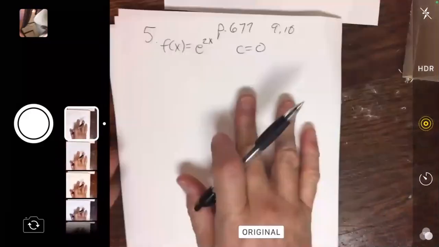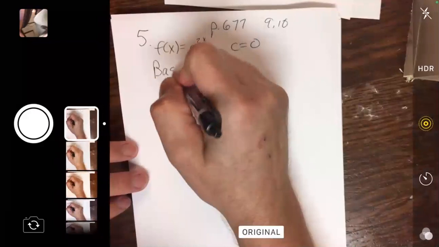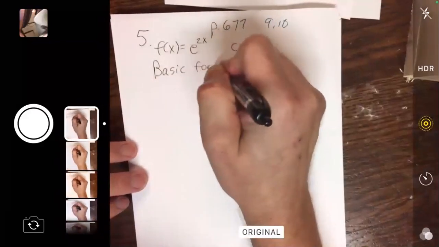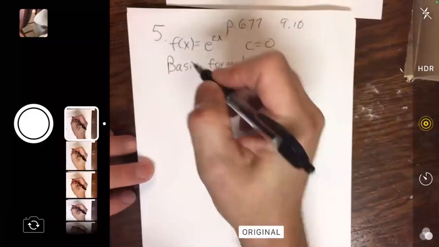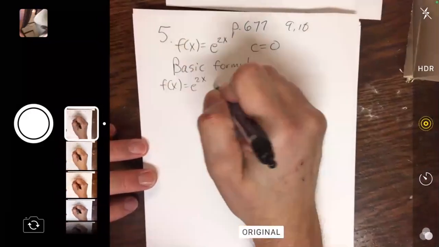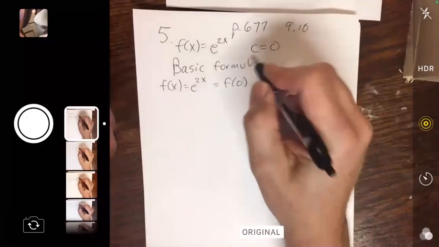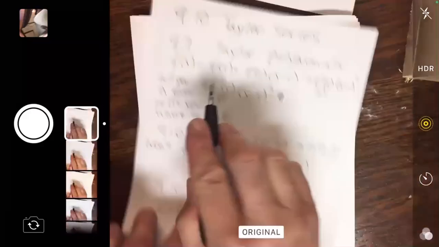Okay, so we'll do it by the basic formula, then I'll show you how to shorten it up. Your basic formula: f of x, e to the 2x, you would go f of 0, because your c is 0. In effect, I'm using the same form by plugging in c is 0.